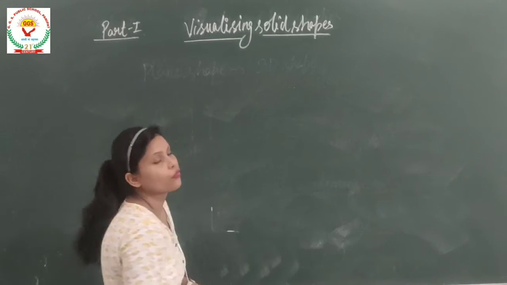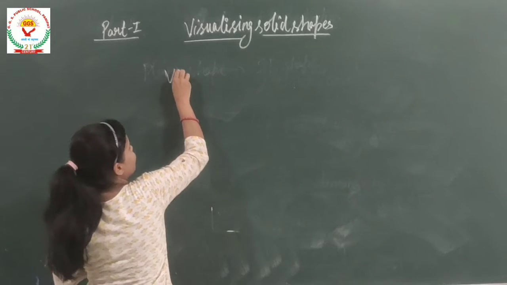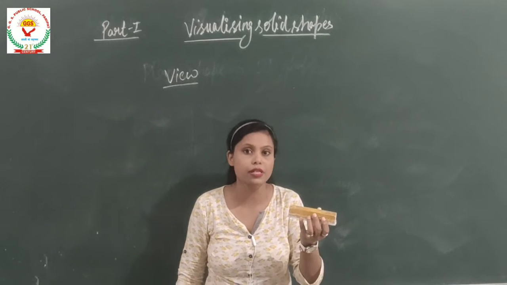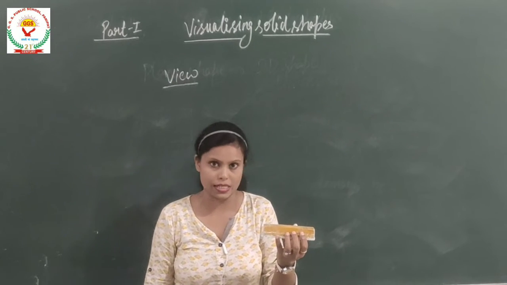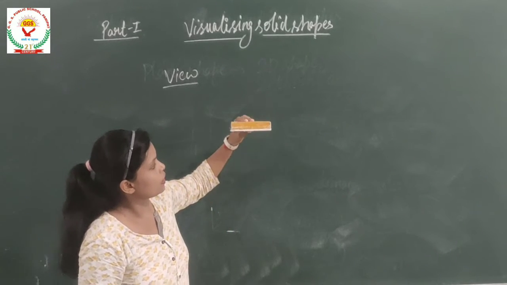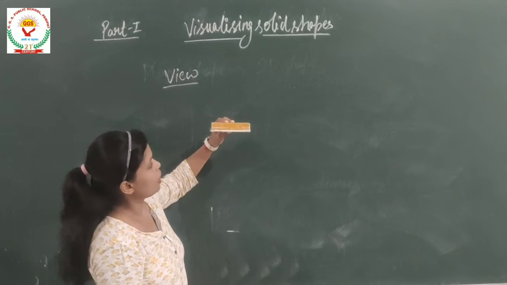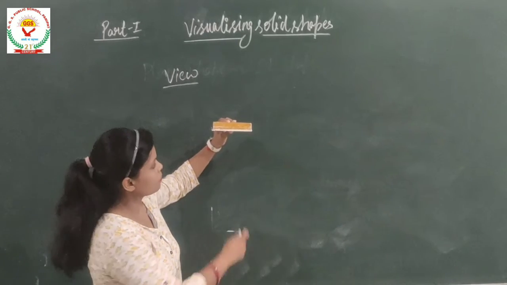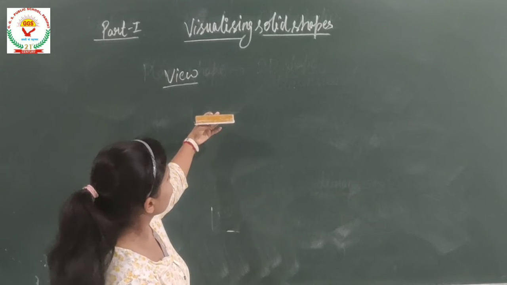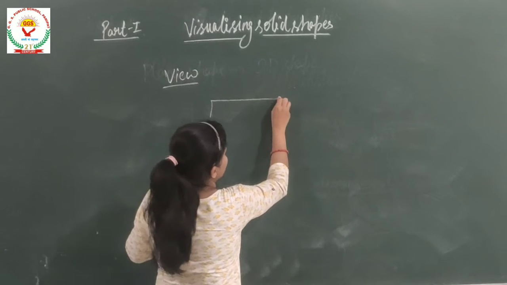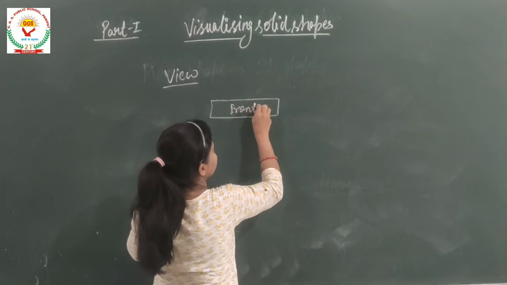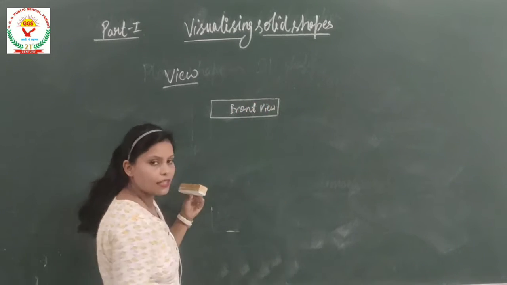Visualizing means view. View means how these shapes look from different ways, right? If you are looking from here, from the front, what is the shape you are seeing? Only this one. This is the only thing you can see. So this is the front view, right?